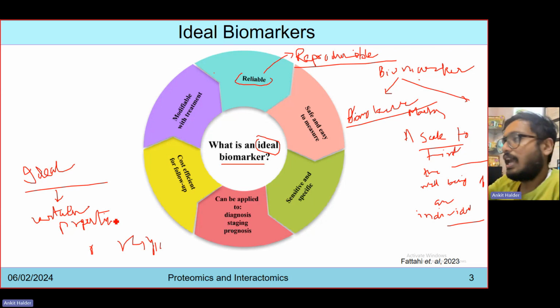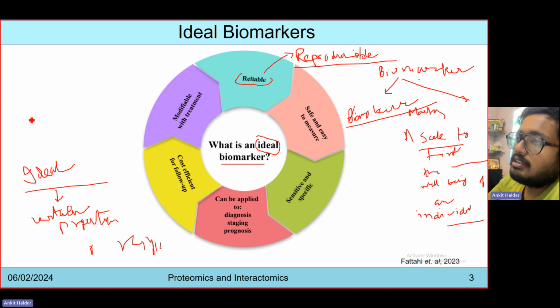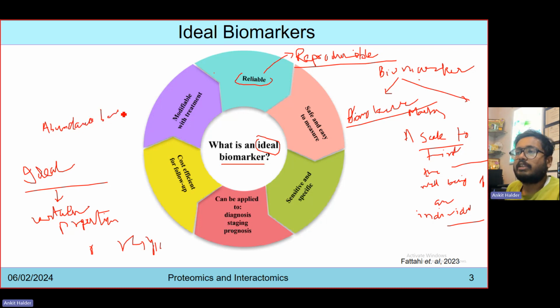So now in the abundance based systems, if I tell you about the abundance-based expression system, specifically in the case of protein biomarkers, it is mass spectrometry-based, MS-based protein quantification.